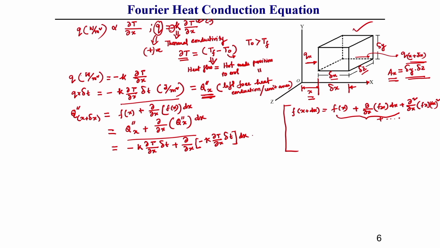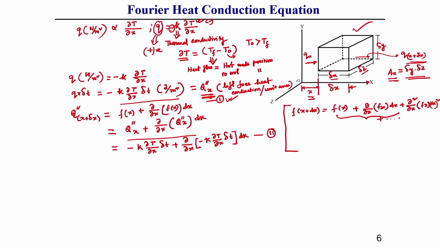So, let us consider this is equation number 1, and let this be equation number 2. So, heat conduction in the first or left side phase is represented in equation number 1.